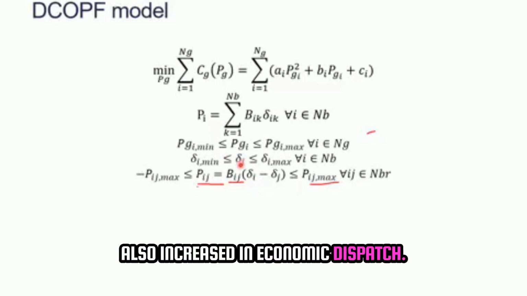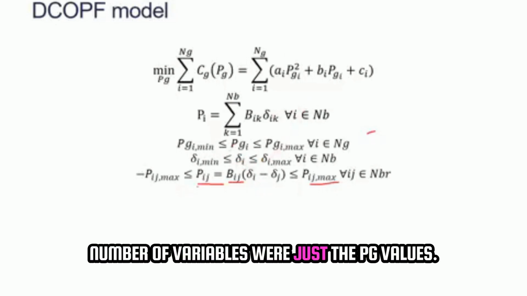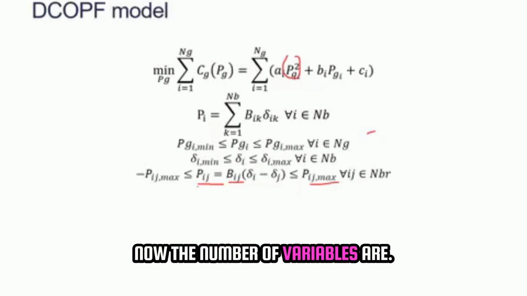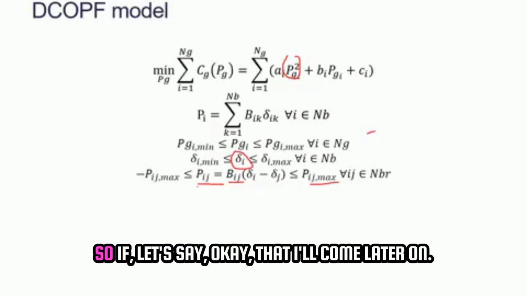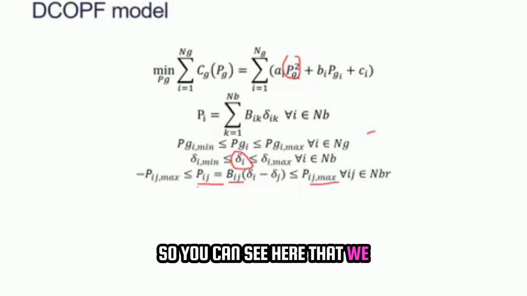In economic dispatch, the number of variables was just the PG values. Now we also have this delta i as additional variables, right? So you can see here that we are adding these line limits.